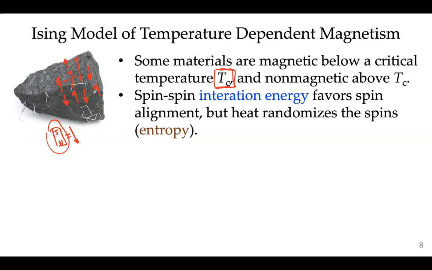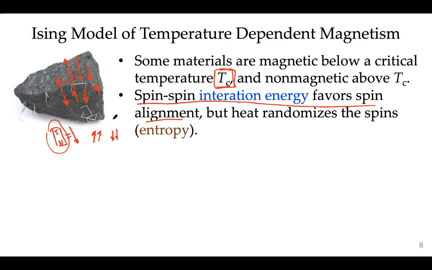Okay, so I said neighboring spins interact with each other. The spin-spin interaction energy favors spin alignment. The interaction energy wants the neighboring spins in the same direction, either up, up, or down, down. That's what the energy wants. You can think of energy as the force also.